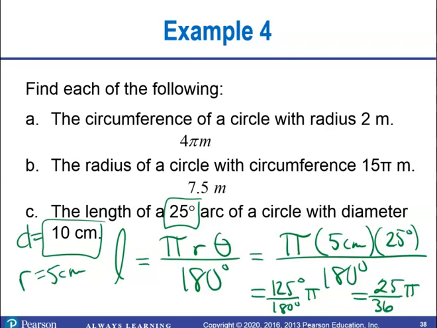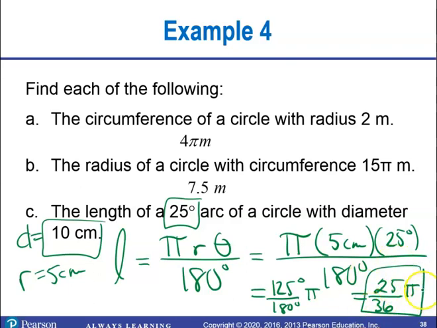The greatest common divisor of 125 and 180 is 5. So 125 divided by 5 gave me 25, and 180 divided by 5 gave me 36. 25 and 36, the greatest common divisor is 1, which means my fraction is in lowest terms, completely simplified, lowest form, and the pi is still part of the answer.